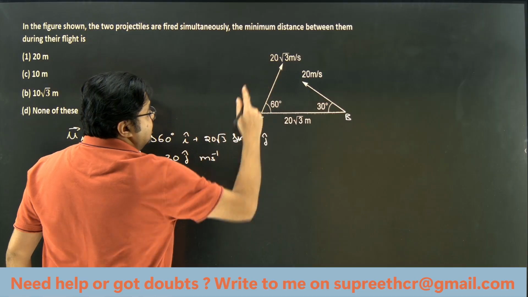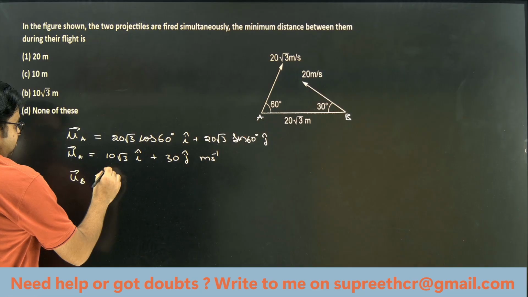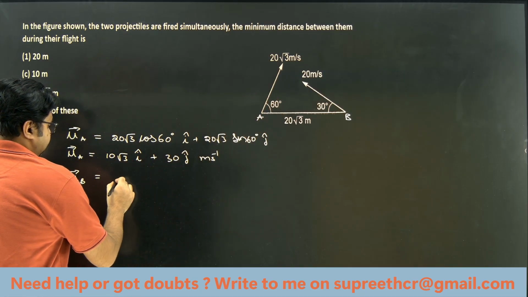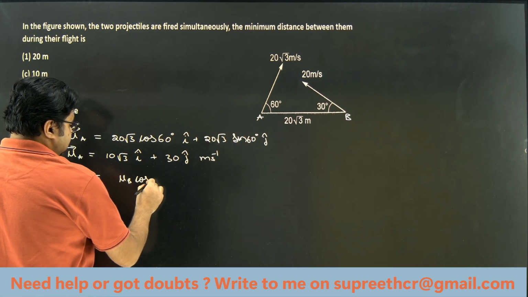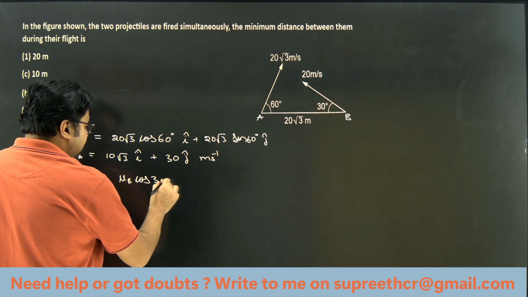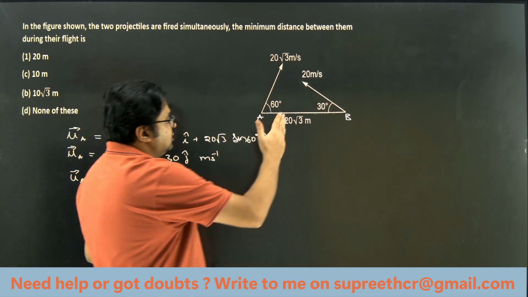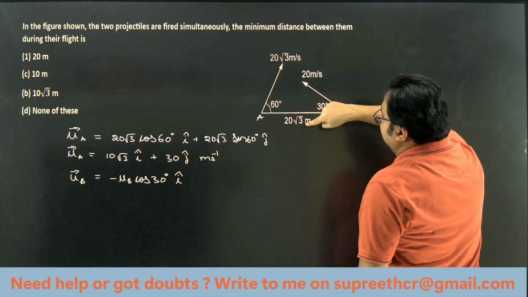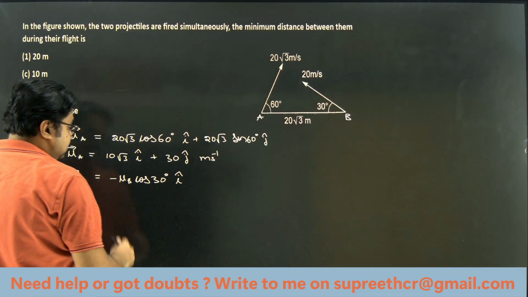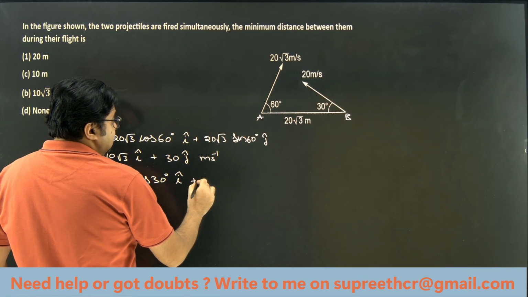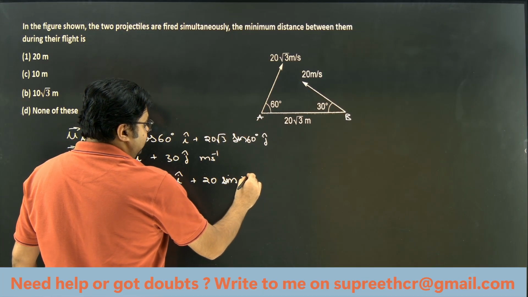Let us do the initial velocity of projectile B in vector form. Similarly, it would be uB cos 30 degree in the negative x direction, because do you see this projectile has a component of initial velocity in the negative x direction, and that's why I write minus uB cos 30 degree, and then I have plus 20 sine 30 degree j cap.